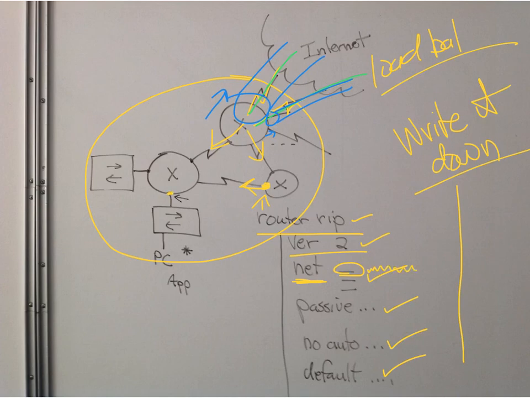Now, we want to advertise our LANs, let's say, but we don't want updates to go out because there's no routers to update out there. So what we can do is we can set a passive interface. We can set that on our LAN connections. So updates are not going out.